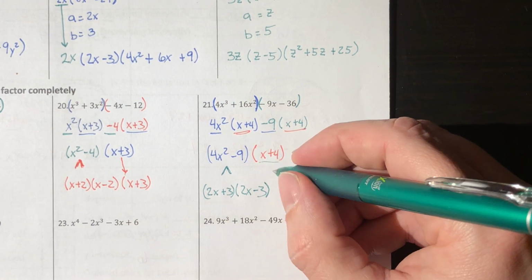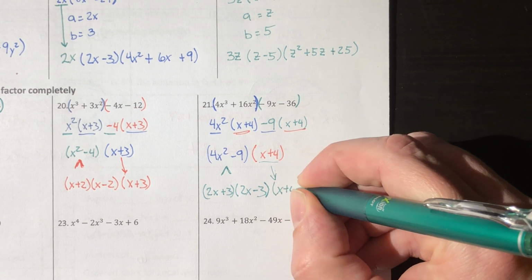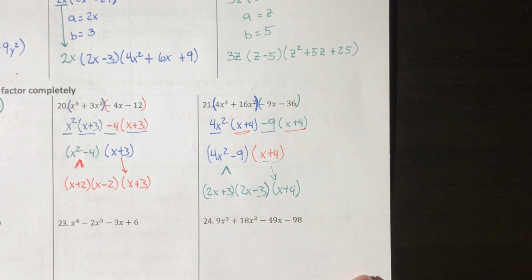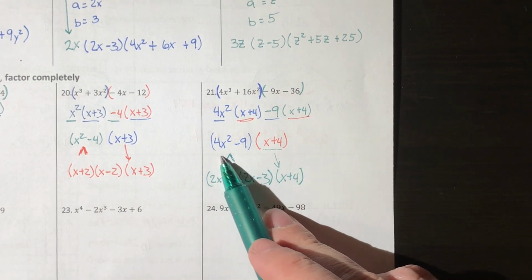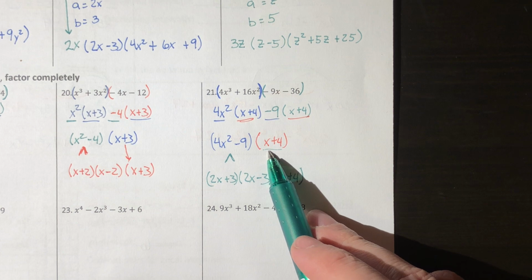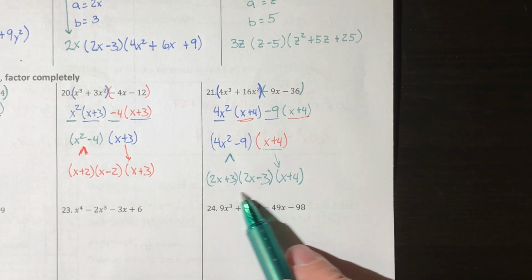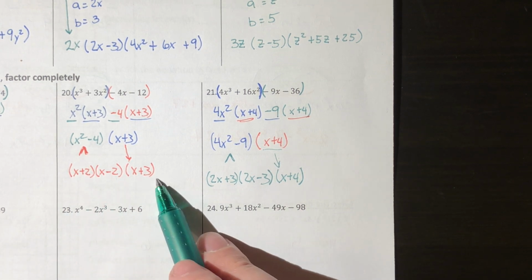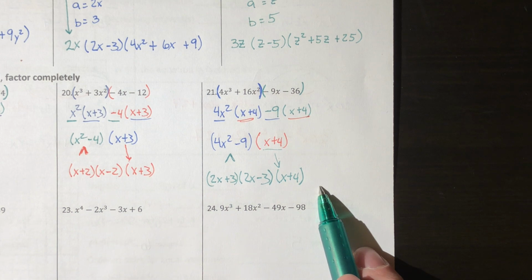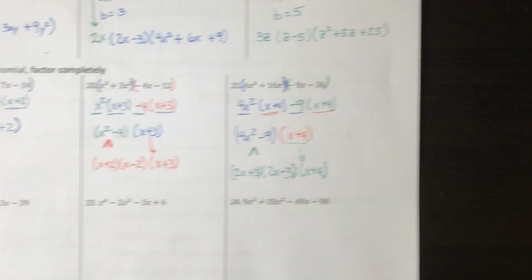And then I still had that x plus 4 factor that's going to come down. So while this is correctly factored, it is not factored completely. This is where we would be factored completely, much like we have in 20. This is factored completely. These ones, yes, are factored, but not completely.